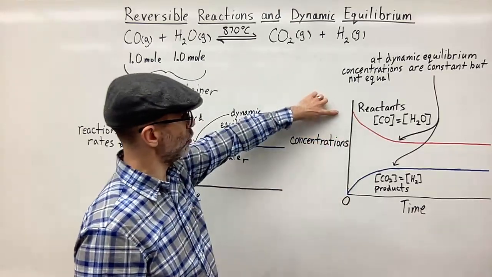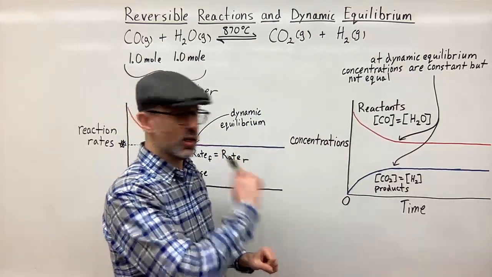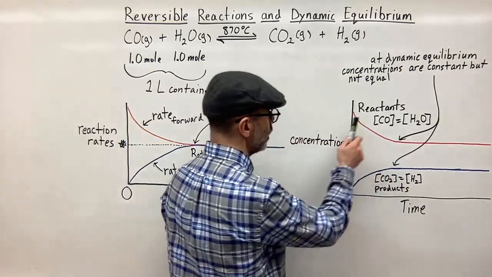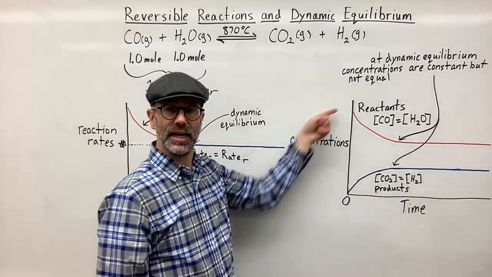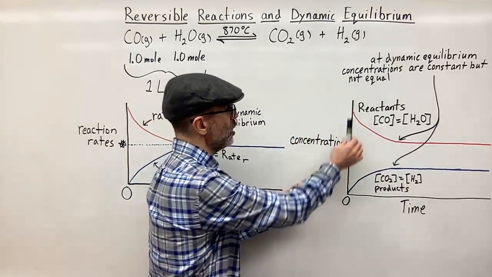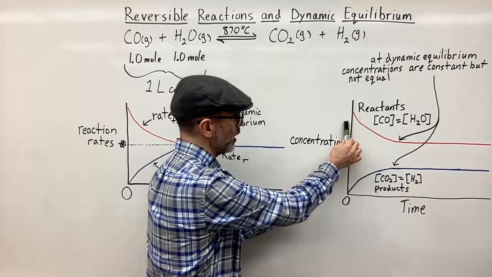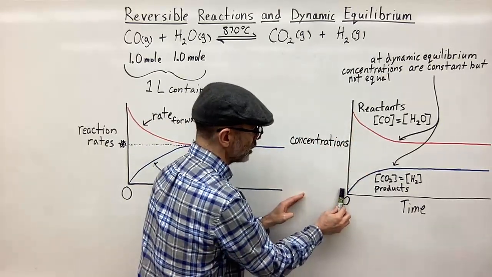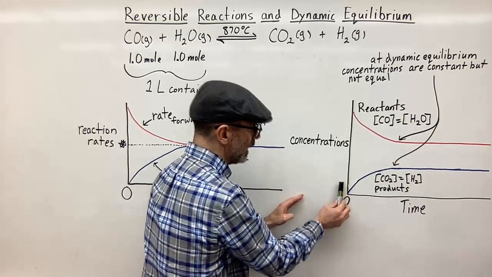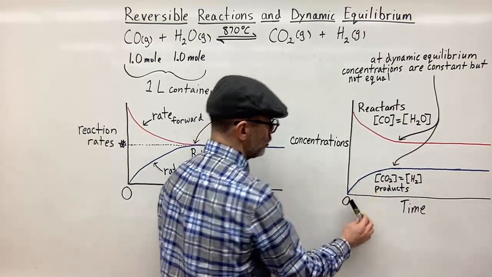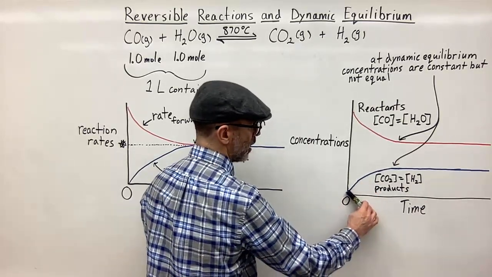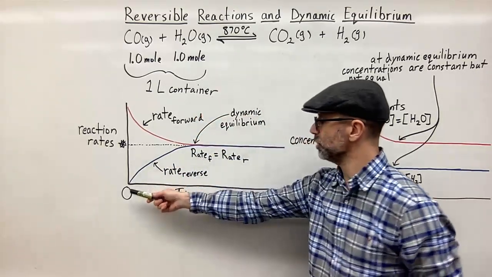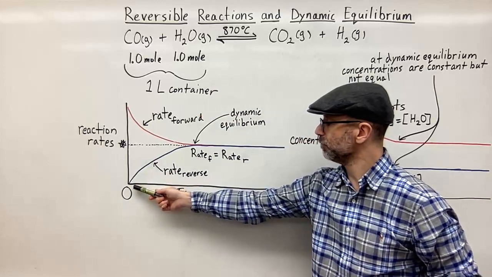And so now you can see once the reaction time starts, you see the reactant concentration. The concentration of reactants is going to decrease as the concentration of products increases over time. So here the concentration of products starts to increase. And what happens to the reaction rate of the reverse reaction?